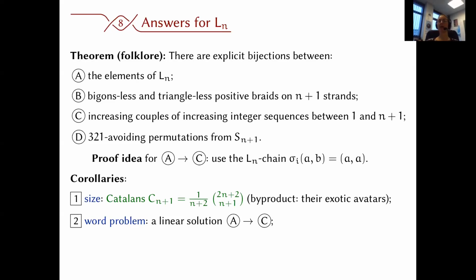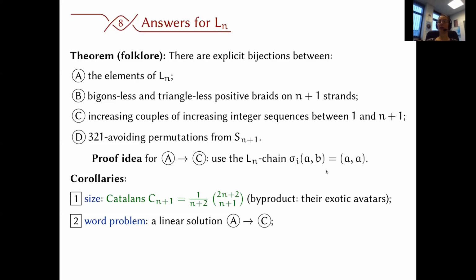Now, it also gives you a very easy solution to the word problem, which is linear. By linear, I mean linear in the number of letters used to write a word of your Hecke-Kiselman monoid. How is it realized? You take a word in your generators and make it act on n plus 1 elements, which are 1, 2, 3, and so on until n plus 1.